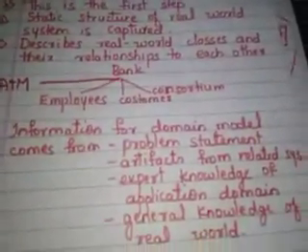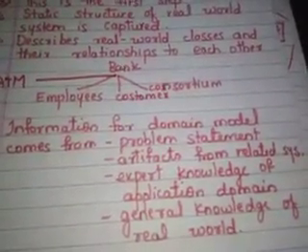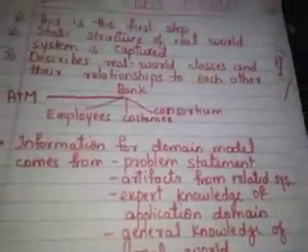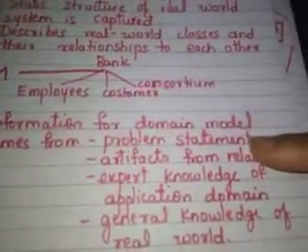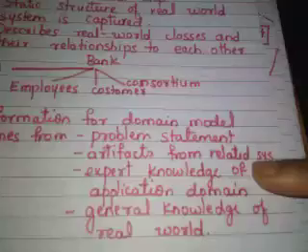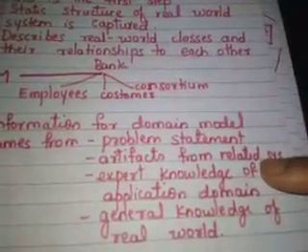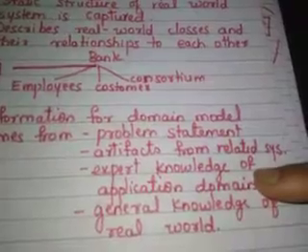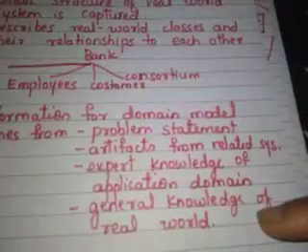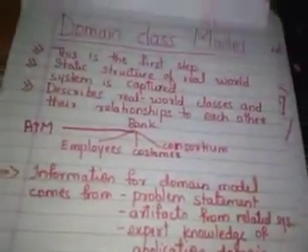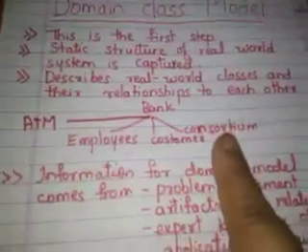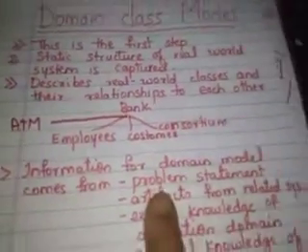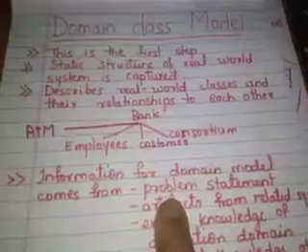Next, the information for the domain model actually comes from the problem statement, facts that are related to the system, the expert's knowledge of the application domain, and the general knowledge of the real world. So if I want to build banking software, the problem statement will give me some information.